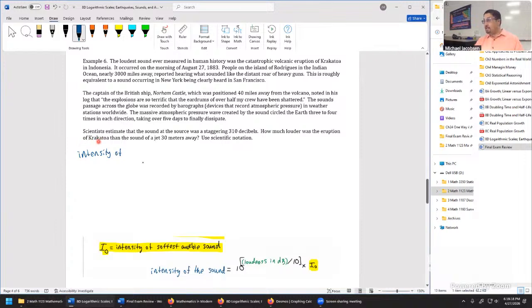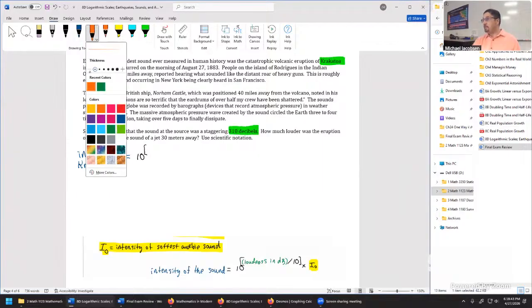So the intensity of Krakatoa is going to be equal to 10 to the power, and as one whole exponent, we take the loudness in decibels, which was 310 decibels for the Krakatoa eruption.